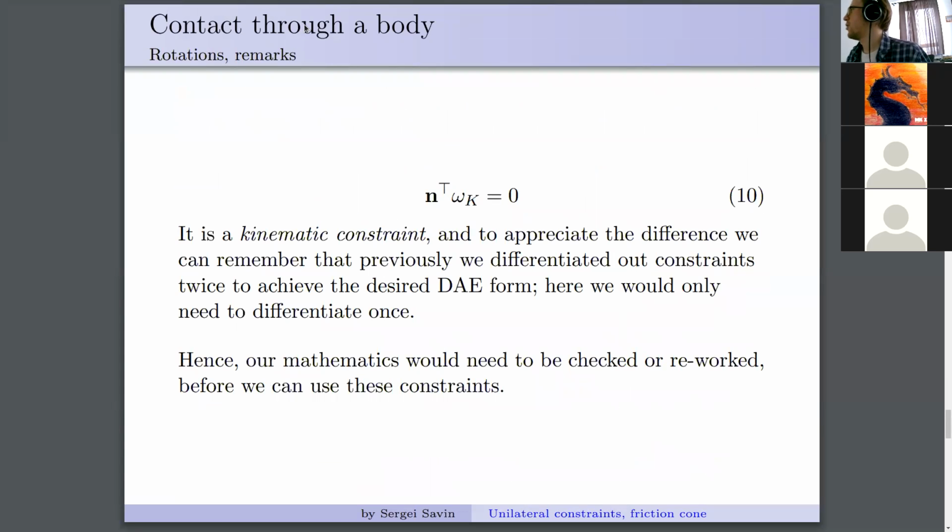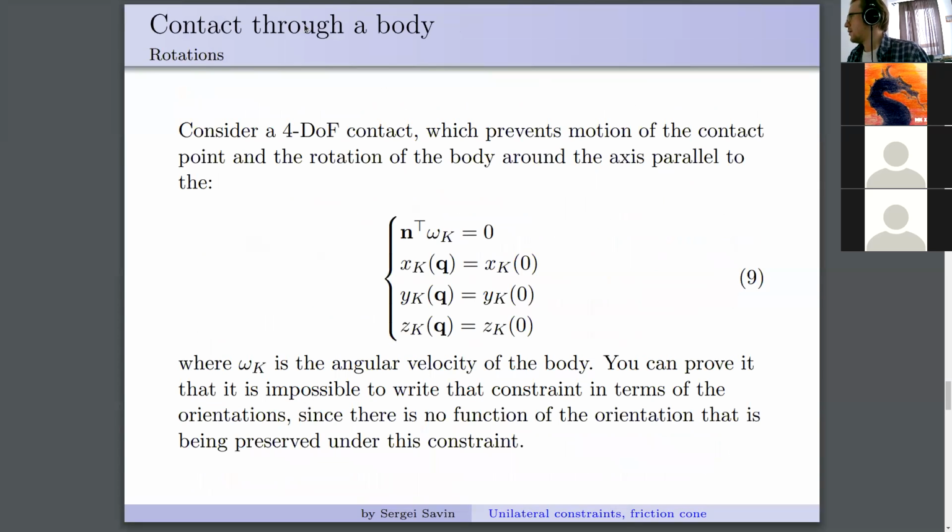Now, how can we describe it? Well, we can describe it as I put in expression number 9. You still have 3 position constraints, and now one extra, which is a constraint on the angular velocity, omega.